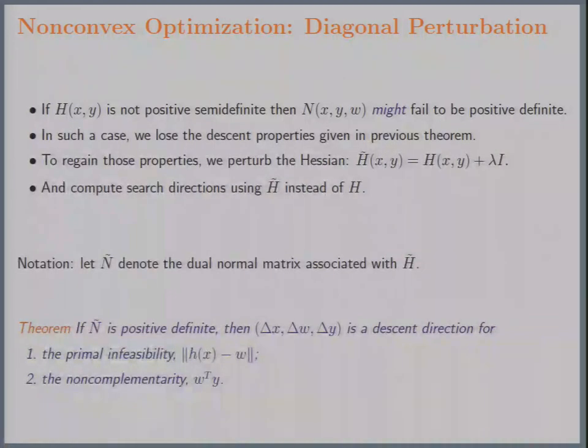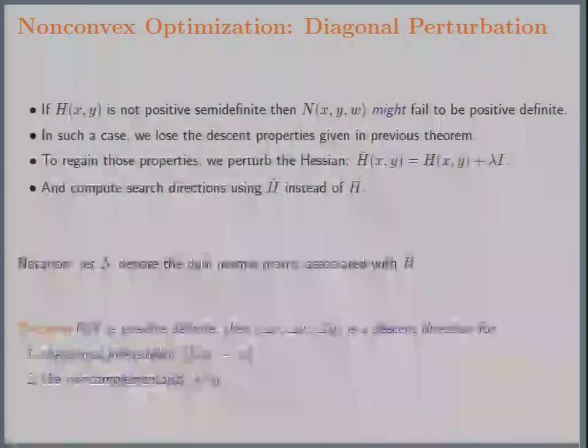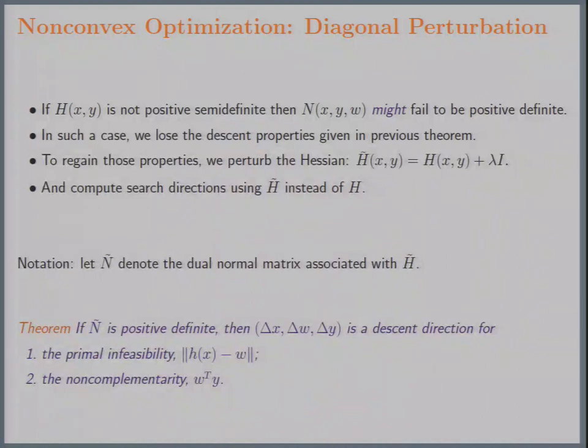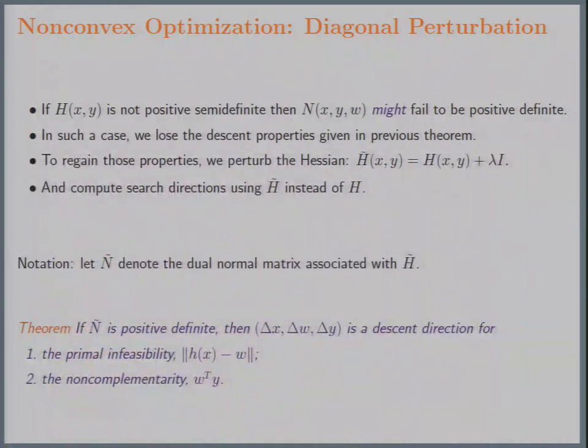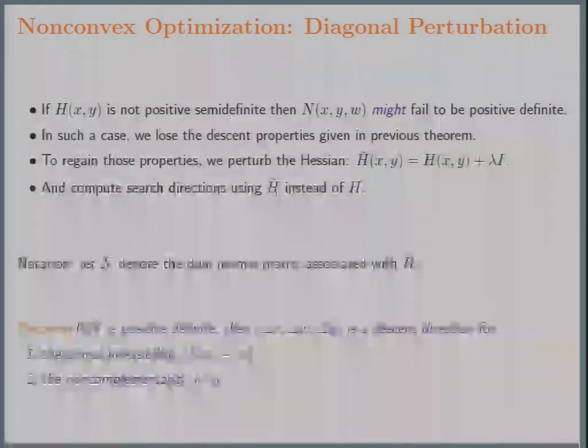All you have to do is perturb the Hessian with a diagonal perturbation lambda. And if you can come up with a scheme for estimating a good lambda, then you get the descent properties back again easily. So you replace H with this H tilde in the computation of step directions, and you can show that you have all the properties of descent that you needed.